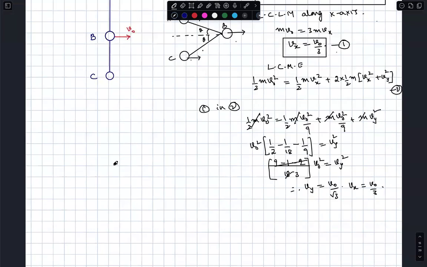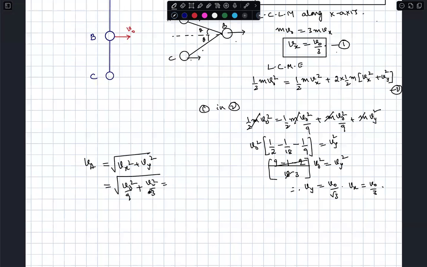Okay, fine. What is the speed of A? Which is nothing but the square root of Vx square plus Vy square, where Vx square is V0 square by 9 and Vy square is V0 square by 3. Just solve this.